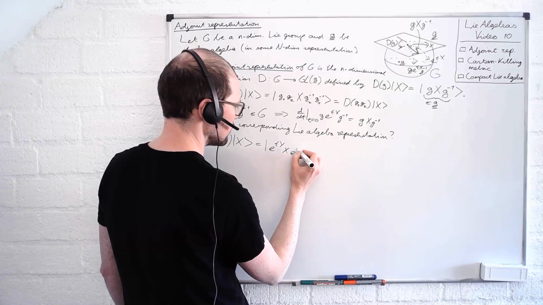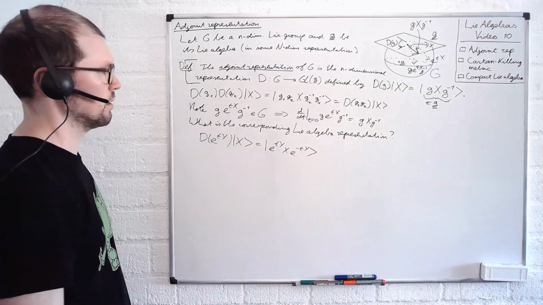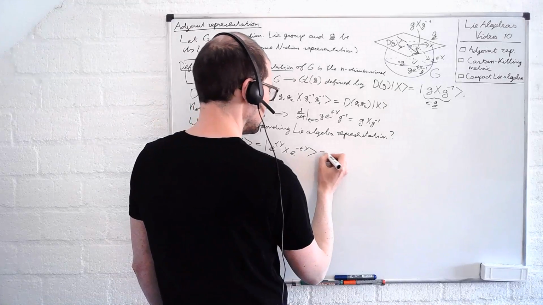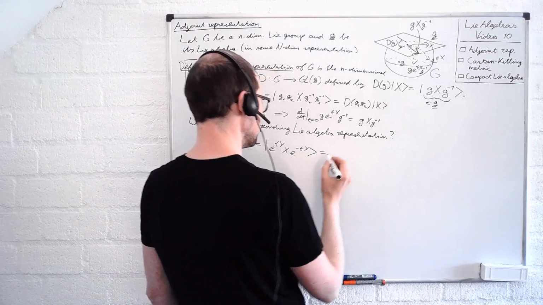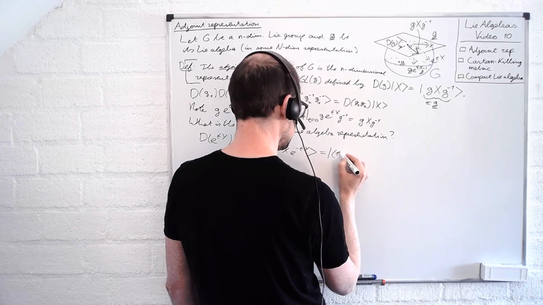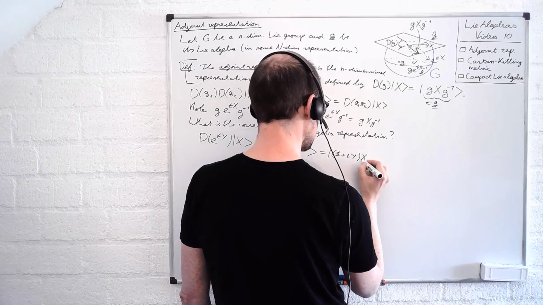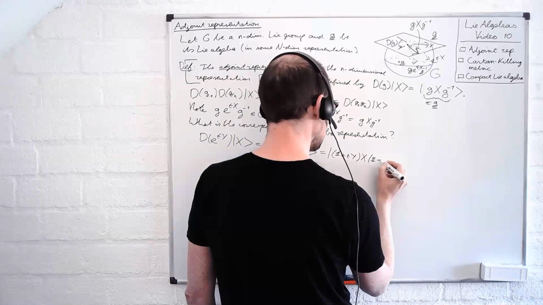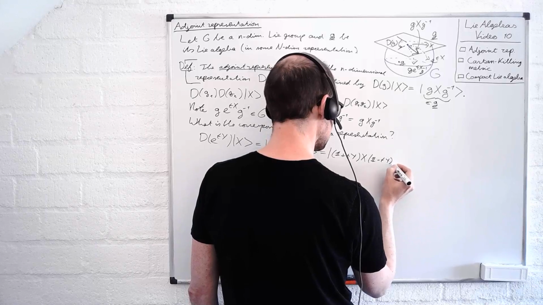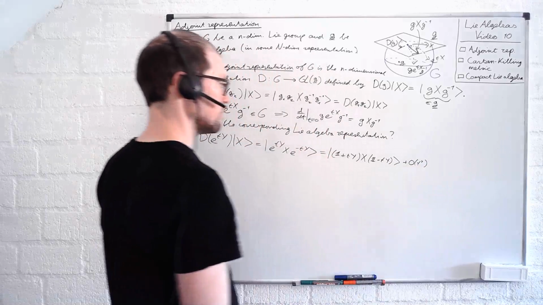We know that the inverse of the exponential is e to the minus ty. And let's expand this to linear order in t. So I get the conjugation, so I get here identity plus ty times x. Here I have the identity minus ty, plus something of order t squared.